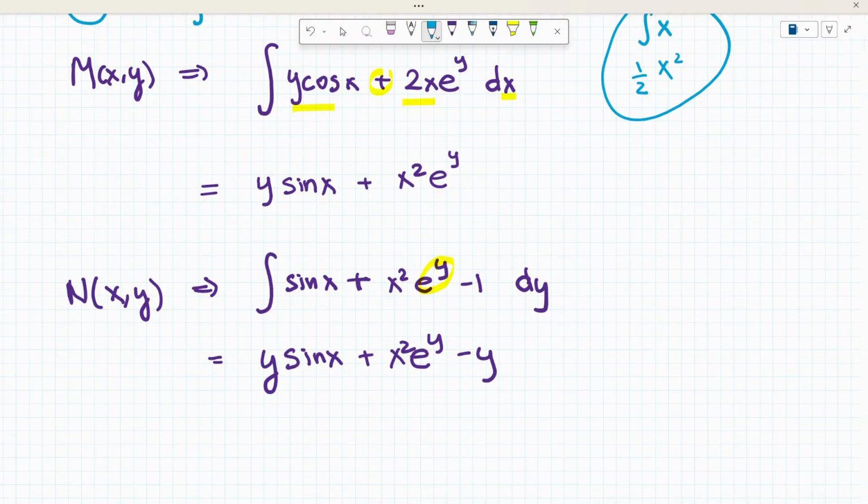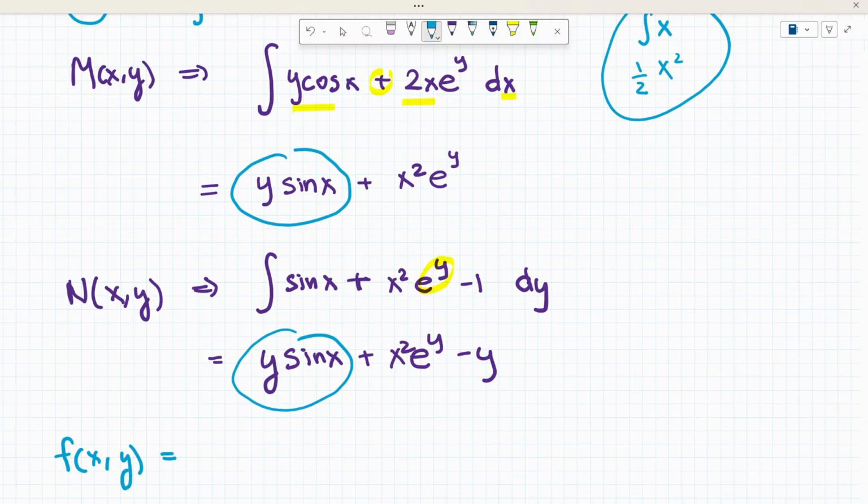So now that we have the integral of both of these functions, we need to find our final solution. Our final answer is going to be our function f of x, y. And like I mentioned before, we have to collect the terms from both the integrals, but we do not write repeated terms twice. So we see that we have a repeated term here and here, so we're going to simply write y sine x.